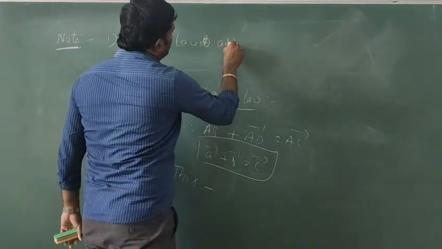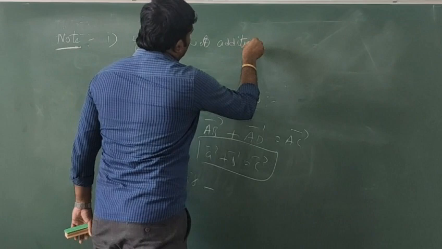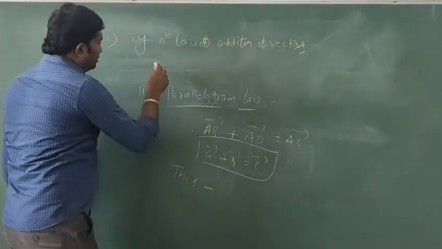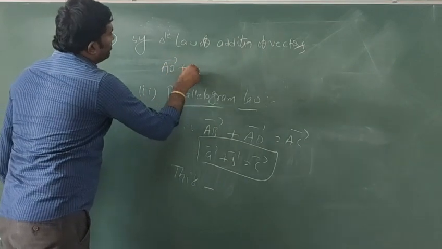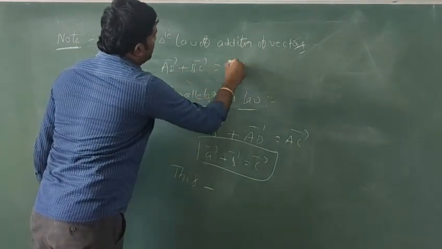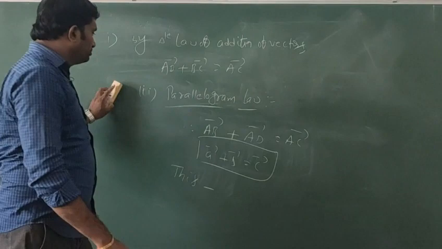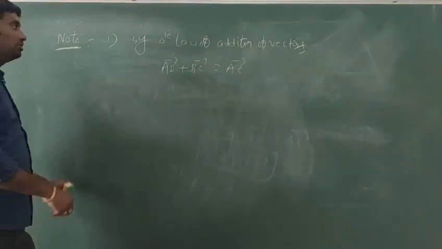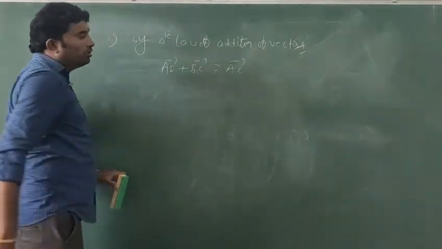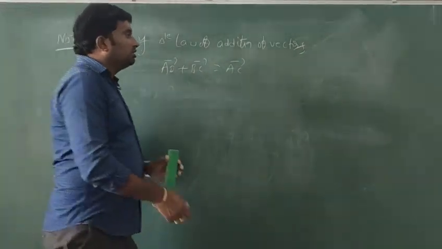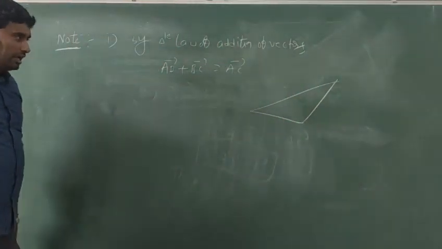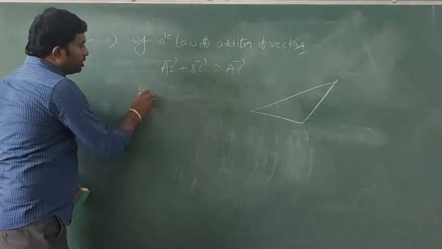By the triangle law of addition of vectors, we have AB bar plus BC bar is equal to AC bar. What is the meaning of that? The sum of two vectors is the third side of the triangle. But a very important thing.